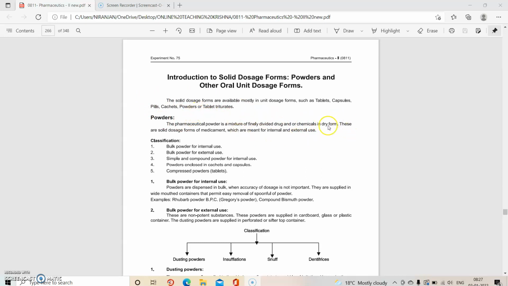medicament in dry form. They are broadly classified as bulk powder for internal use, bulk powder for external use, simple and compound powder for internal use, powders enclosed in cachets and capsules, and compressed powders or tablet triturates. So that is the classification of the powders.